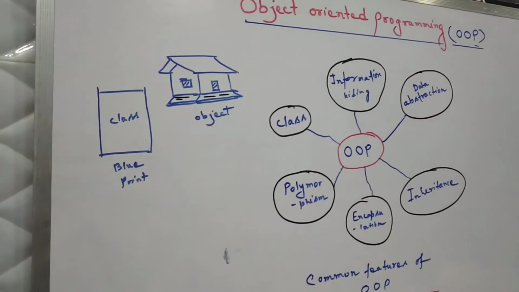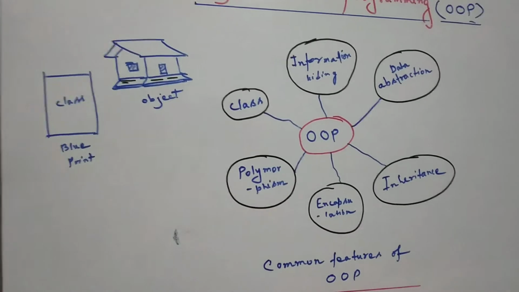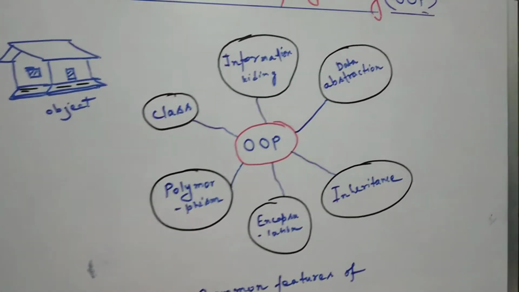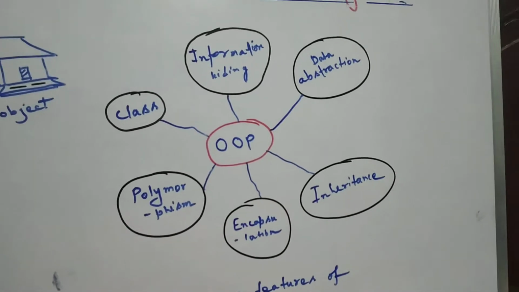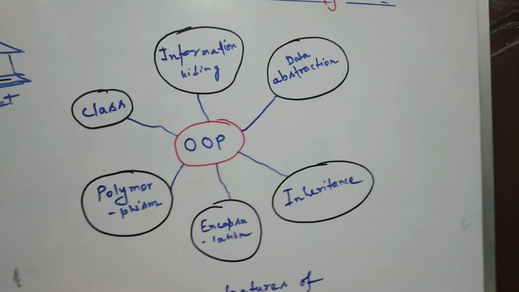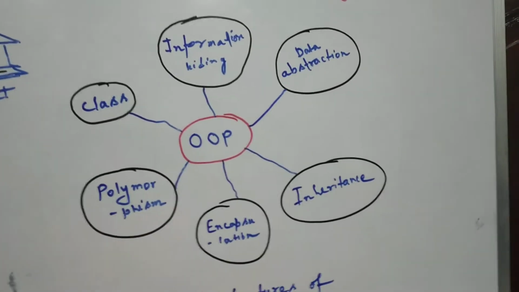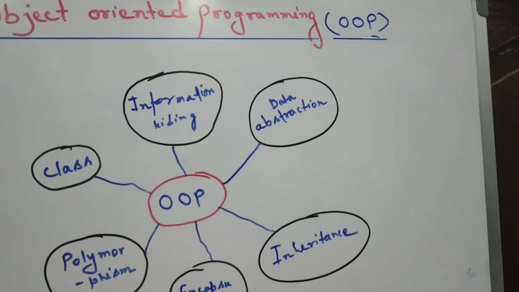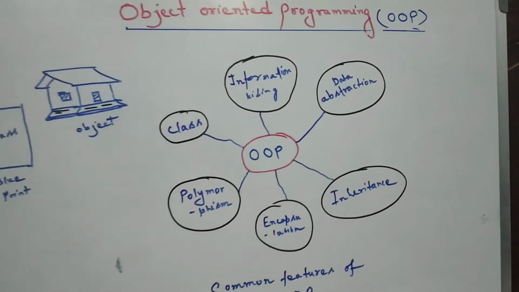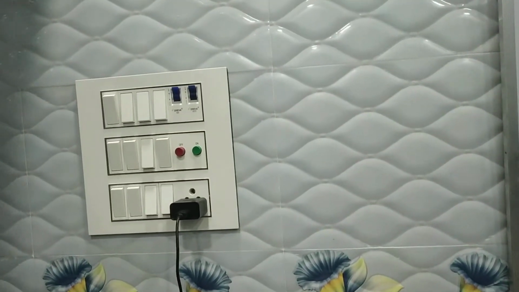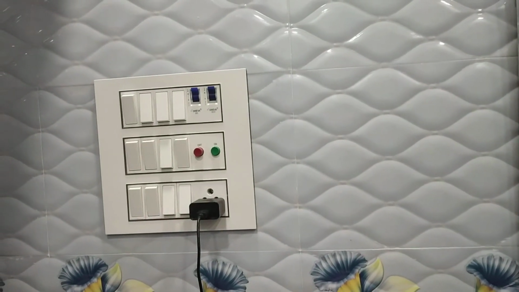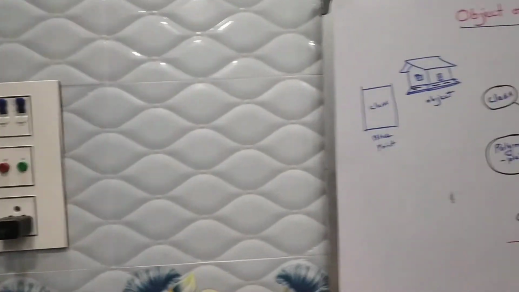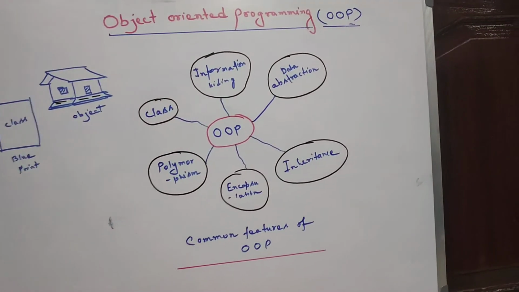Now data abstraction. What is abstraction? Abstraction is providing information without giving the background details. Suppose in case of a switchboard, we know which switch is for the fan and which switch is for the light, but we don't know how it works.